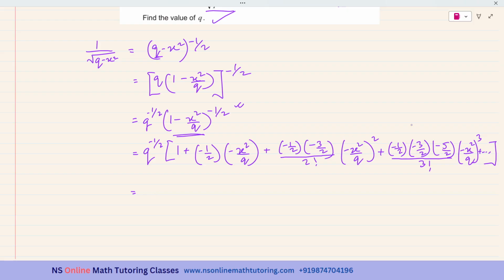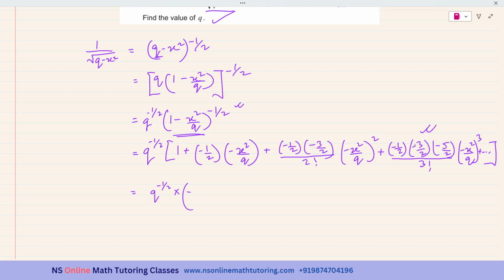Now I am just extracting this part. It is q raised to the power of negative half times, the numerator is negative times negative times negative, which is negative. So it is a negative number.